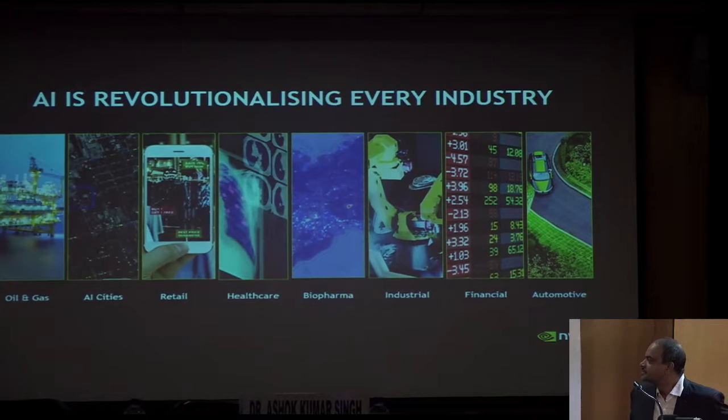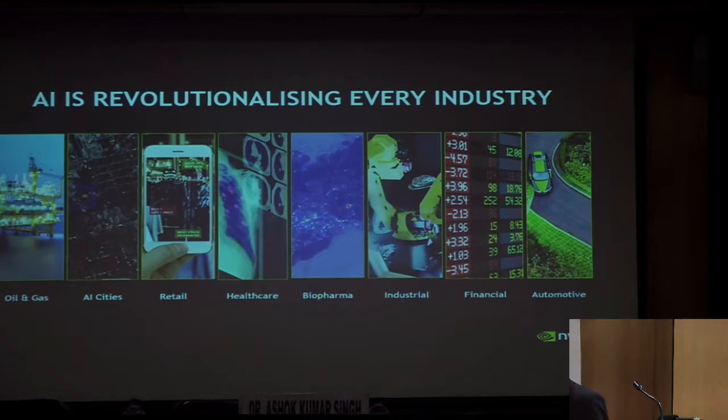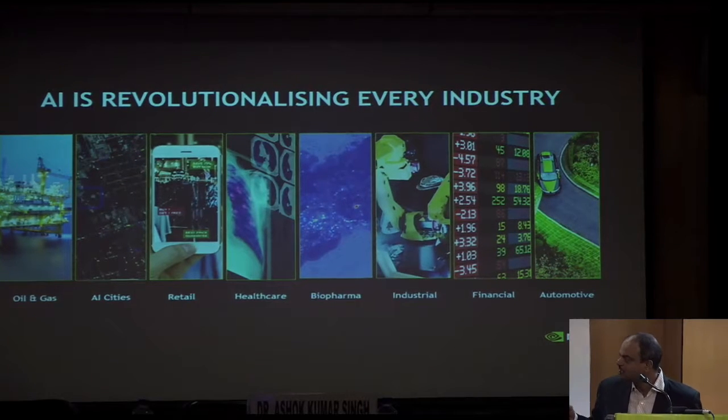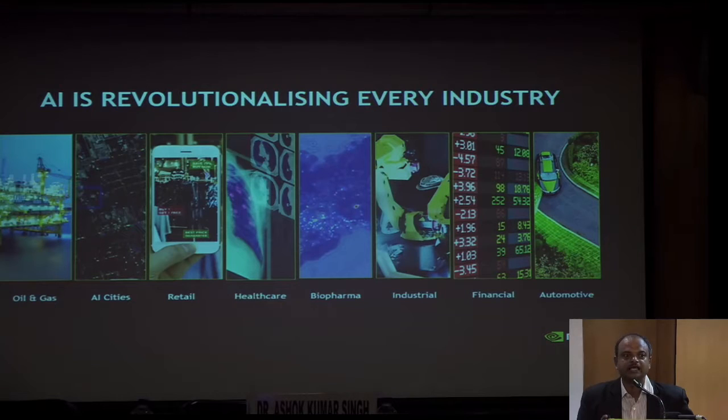Like I was saying, across every industry, whether you take oil and gas all the way up to automotive, we are seeing that AI is revolutionizing that industry, from its micro-level workflow processes to the entire business model that industry is working on.